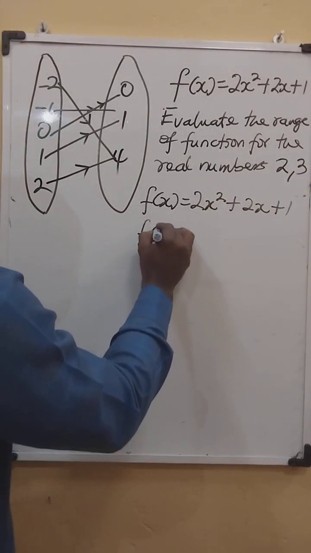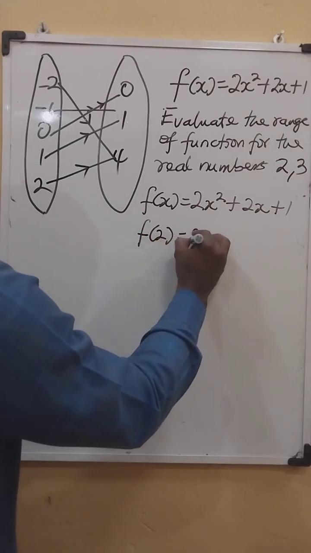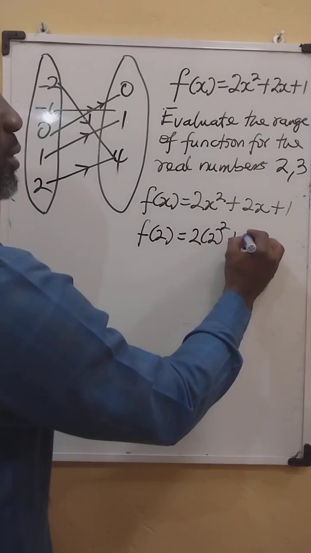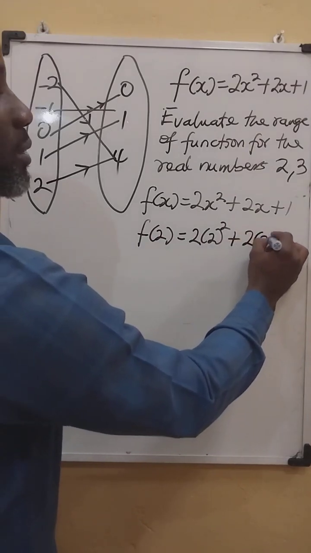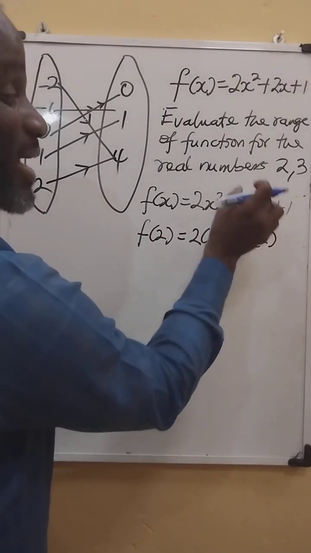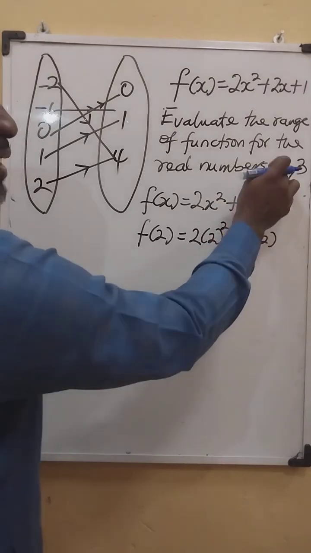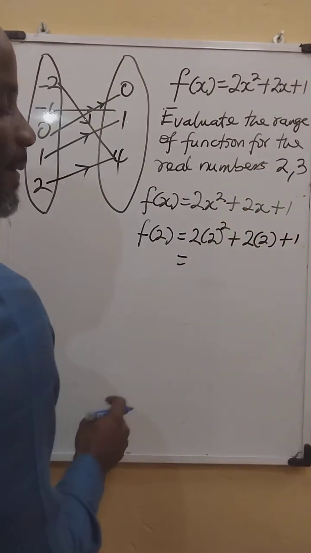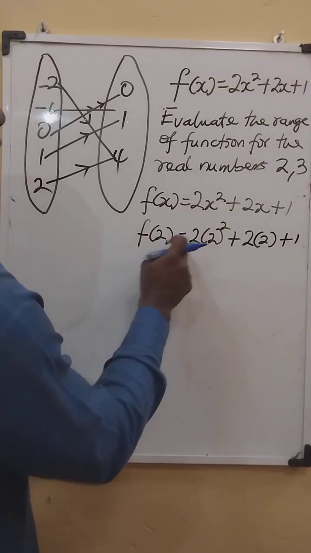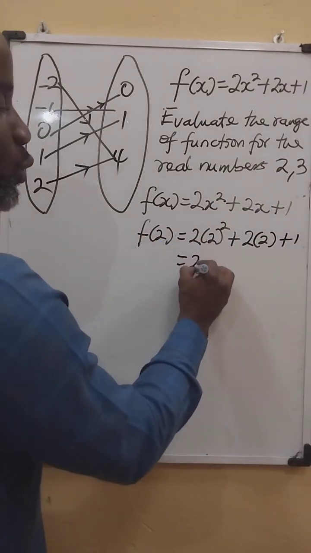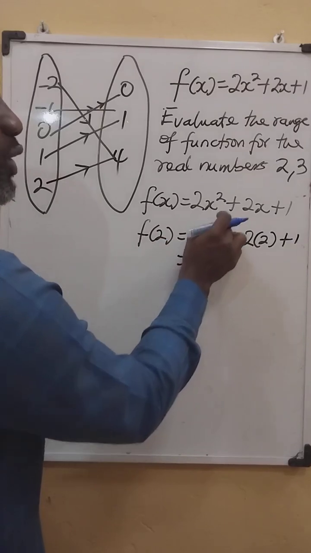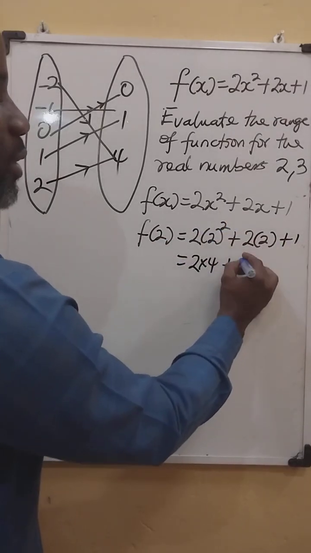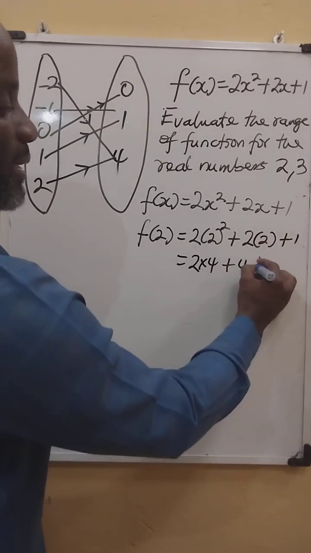The function of 2 is 2 times 2 squared plus 2 times 2 plus 1.